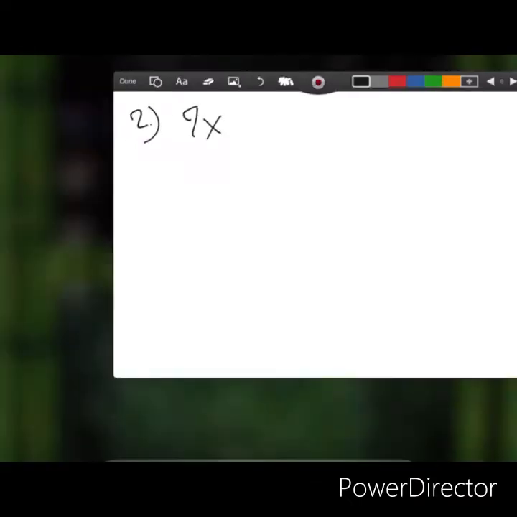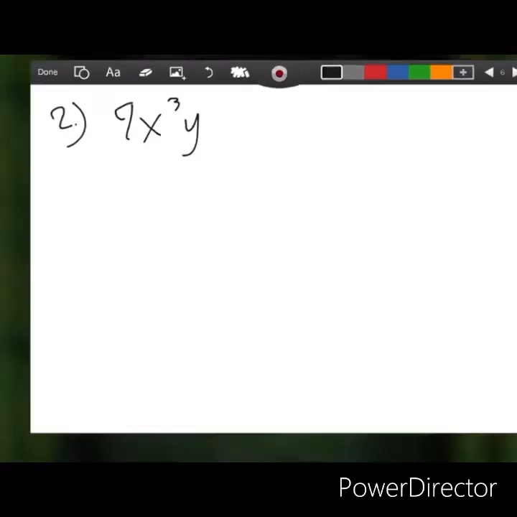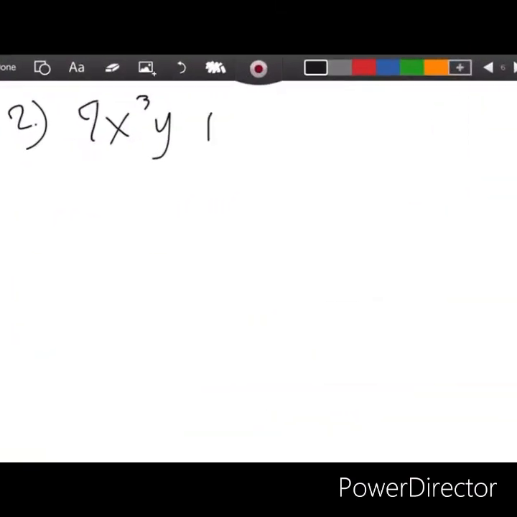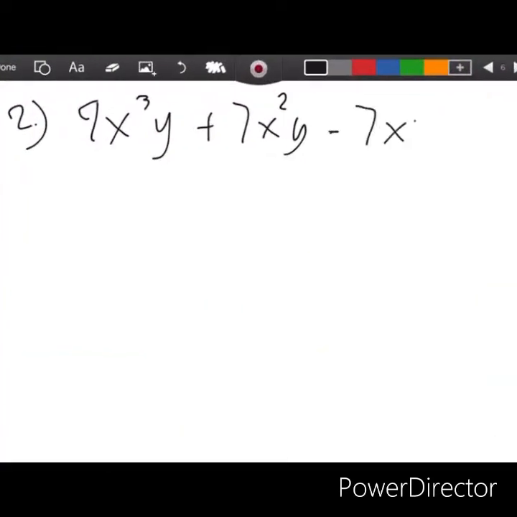Next, example number 2: 14x cubed y plus 7x squared y minus 7xy.